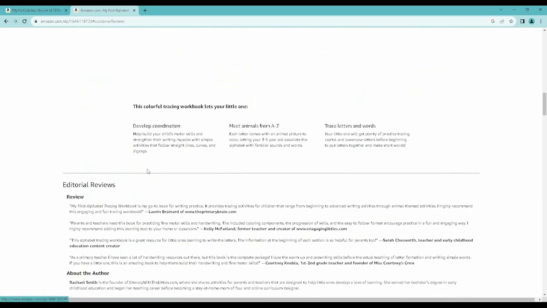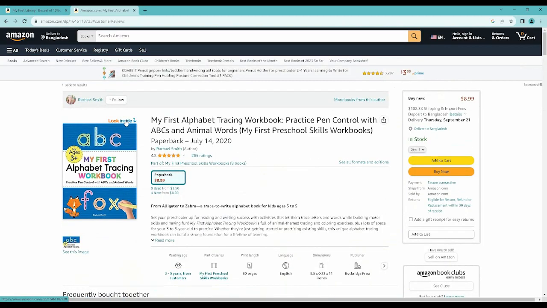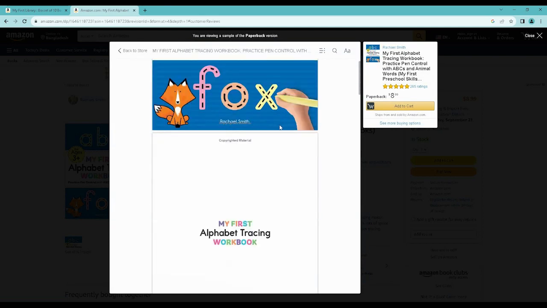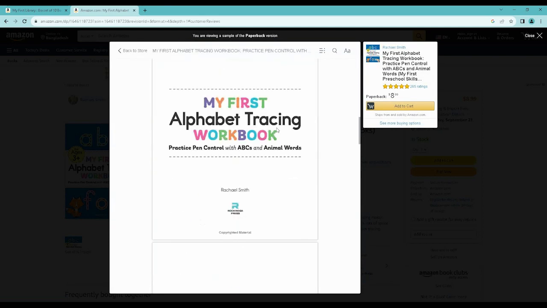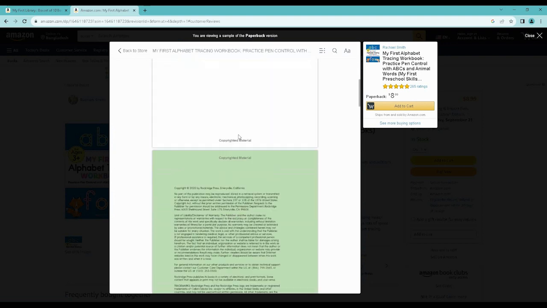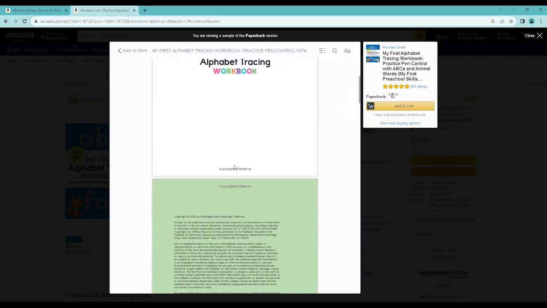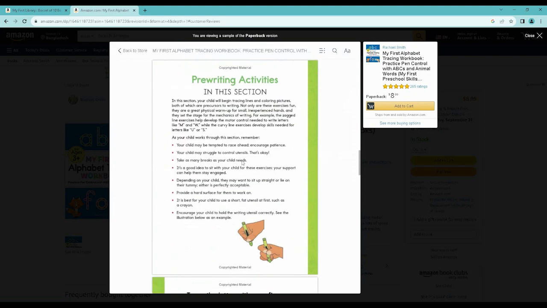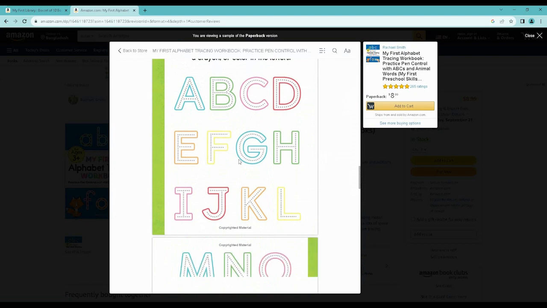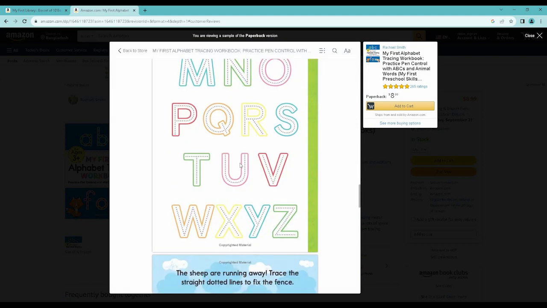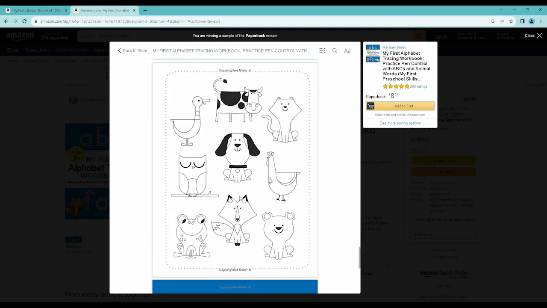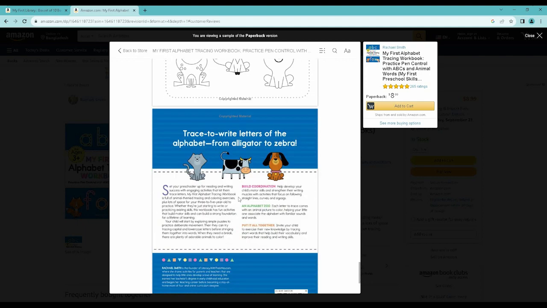Sometimes you use the look inside feature. Click here and this is the first page, second page, third page, fourth page, fifth page, sixth page, up to the eleventh page. It shows 11 pages, really good.